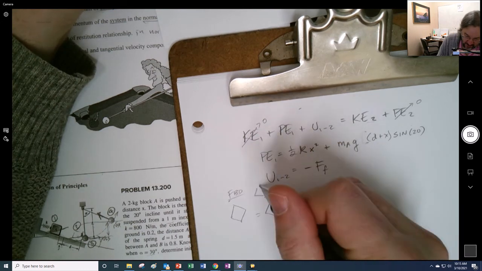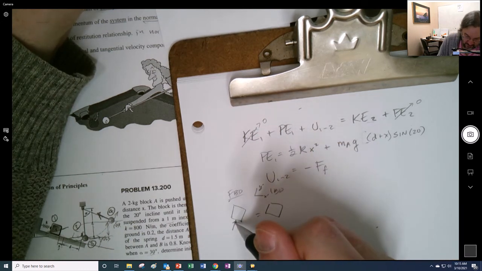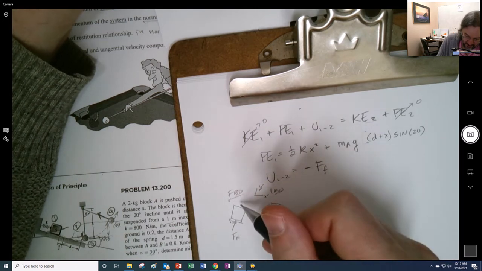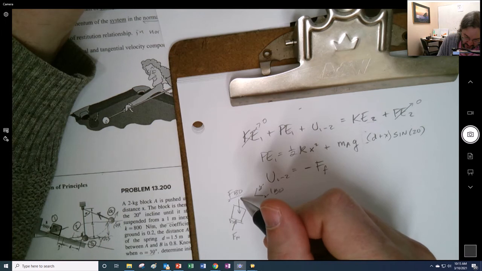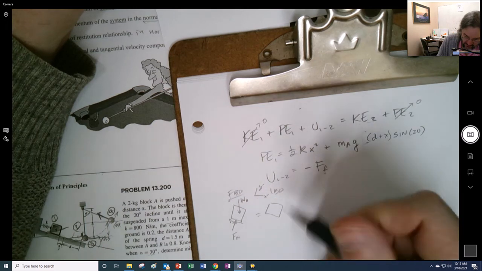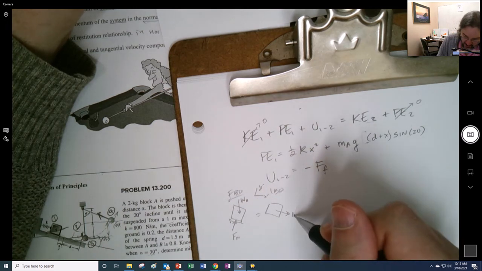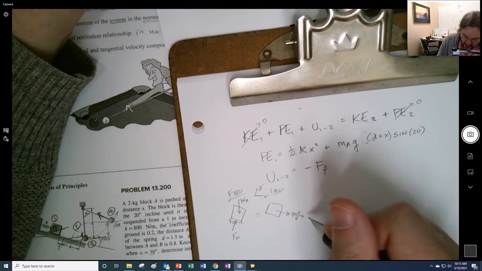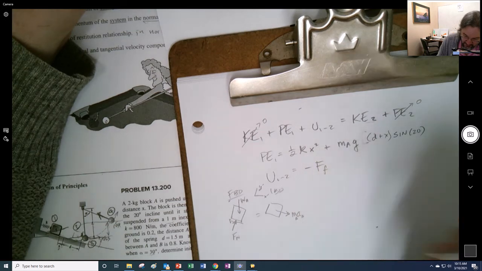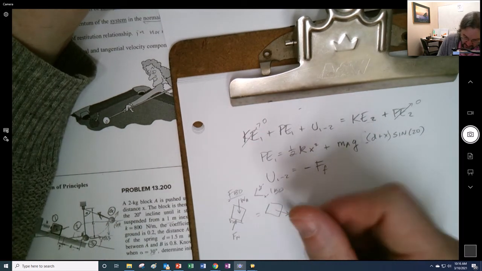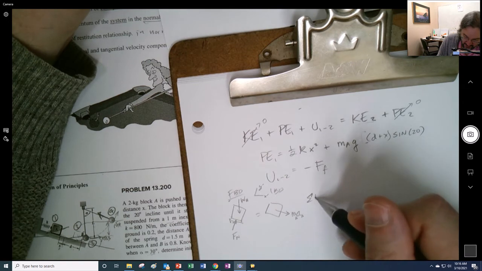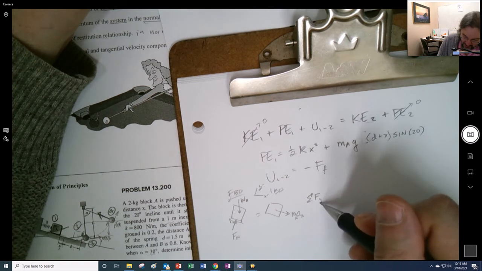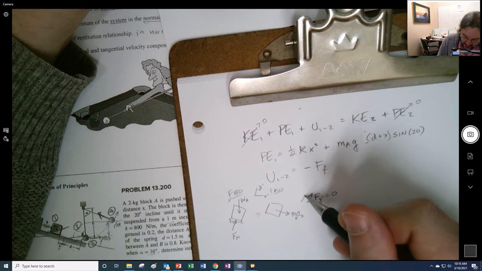And this is X prime and Y prime, and we'll get our normal, frictions coming up that way, weight coming down here, the weight of A, we have the mass times acceleration of A onto the thing in that direction right there, but we just do the sum of the forces in the Y prime direction is going to be 0 right there.